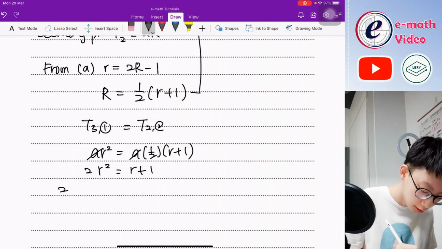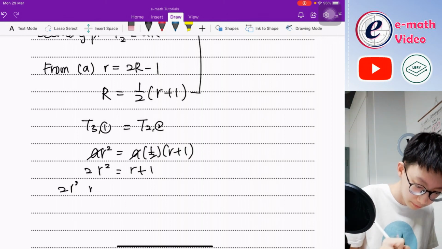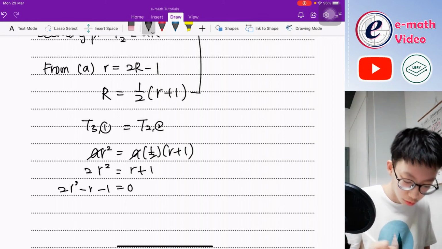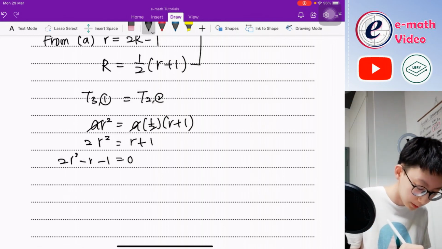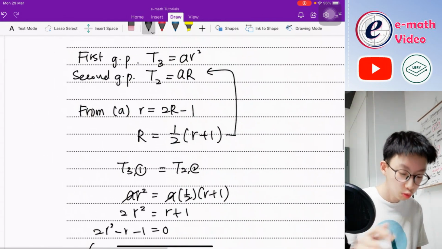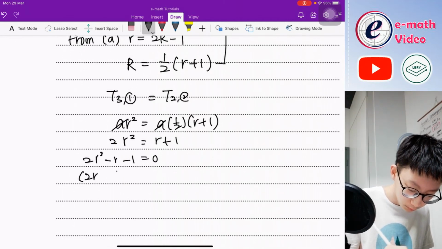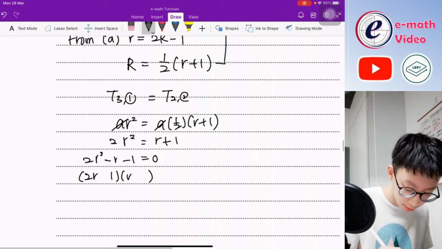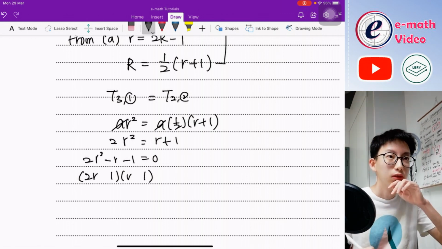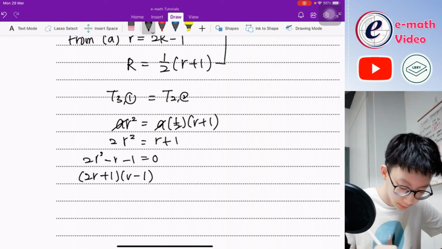Oh, it's a quadratic. 2r squared plus r, minus r minus 1 equals 0. Right? So it should be 2r and r, and you should have 1 and negative 1, with a plus here and a minus here, equals 0.